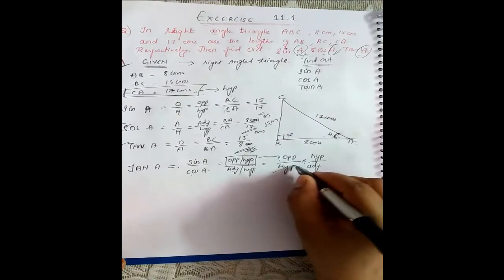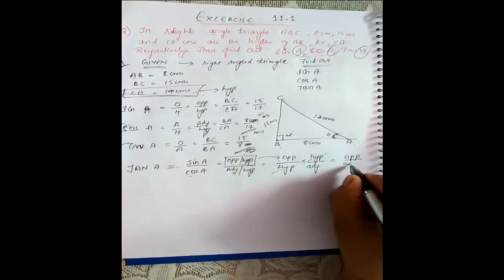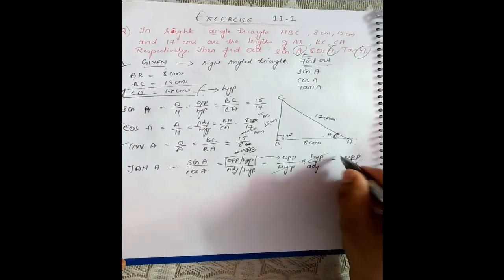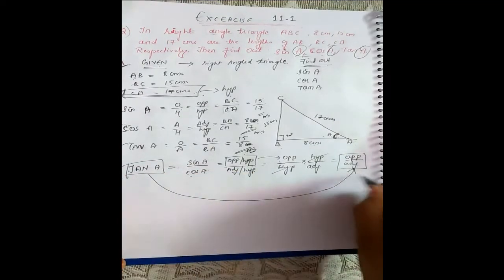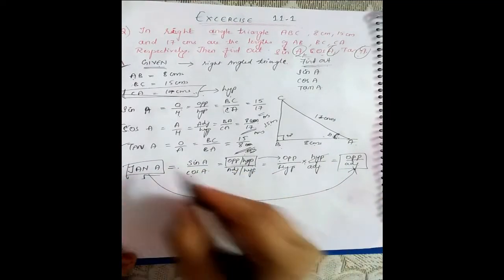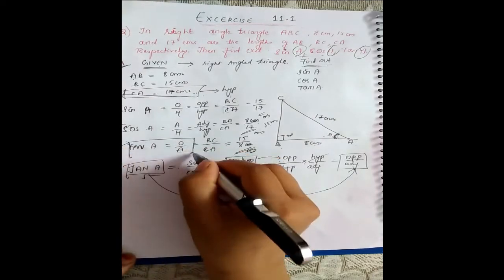Now this hypotenuse gets cancelled. This is nothing but opposite by adjacent. See, we have arrived at the tan formula. This is what the formula is, opposite by adjacent.